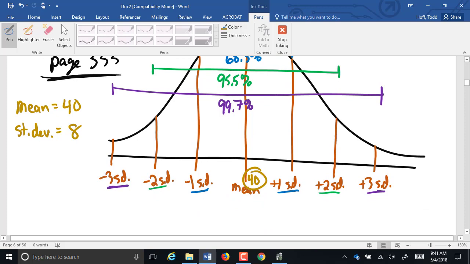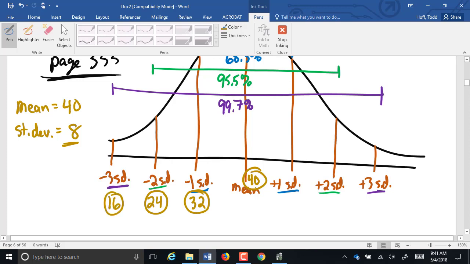So -1 standard deviation would be that mean minus 8, or 32. Minus 2 standard deviations would be subtracting another 8, which would make it 24. -3 would be subtracting another standard deviation, or -8, would be 16.